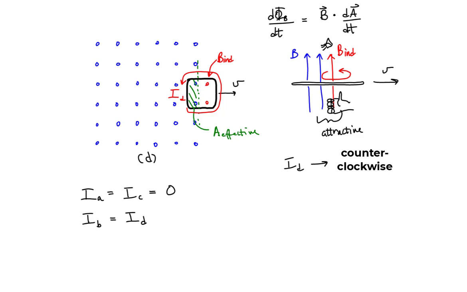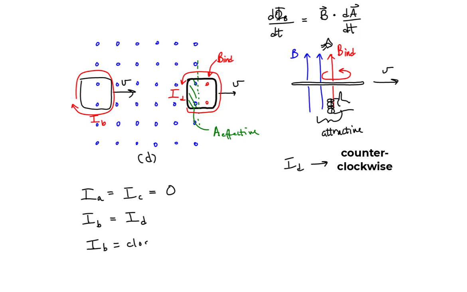However, the direction of the induced current for parts B and D were in opposite directions. For part B, where we had the loop entering the magnetic field, we had seen that the induced current was clockwise. While for part D, the induced current is counterclockwise.